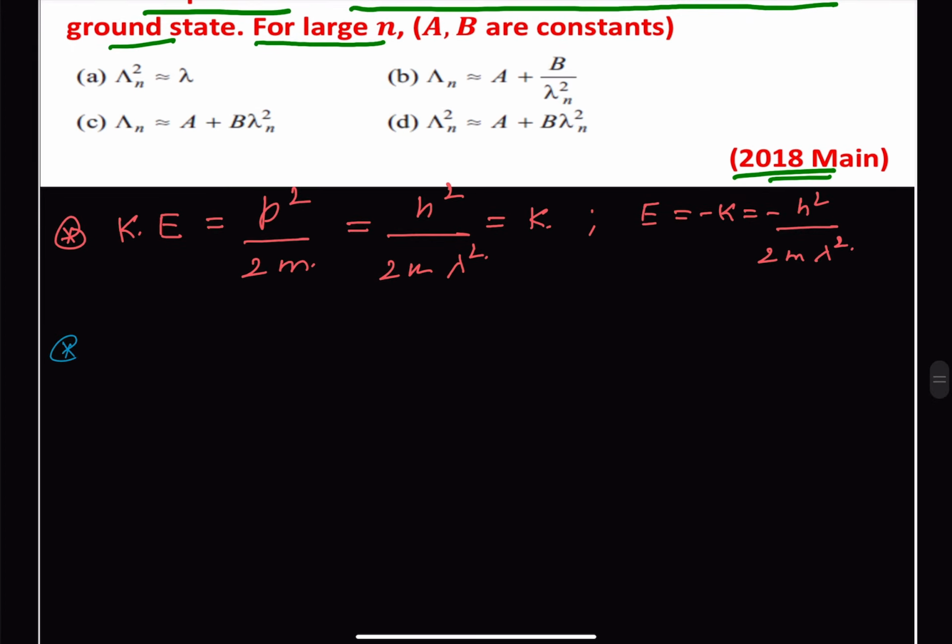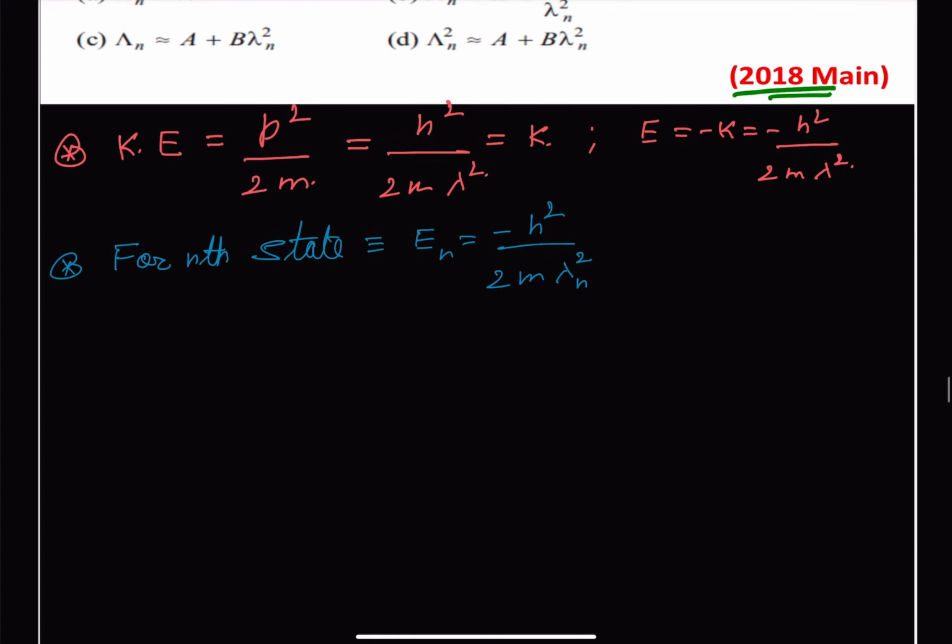For the nth state we get E of n is equal to minus h square upon 2m lambda n square, and for the ground state our E of g is equal to minus h square upon 2m lambda g square.